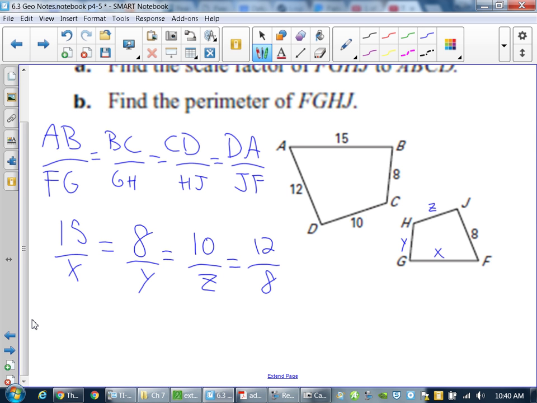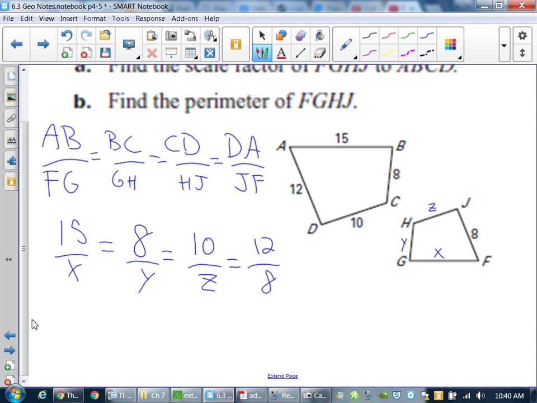So what you can do here is that you have one ratio set up for yourself. You have to get at least one of them to work, otherwise you know that you done goofed. Okay. So what does 12 over 8 simplify to be?